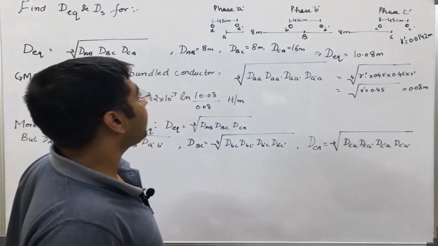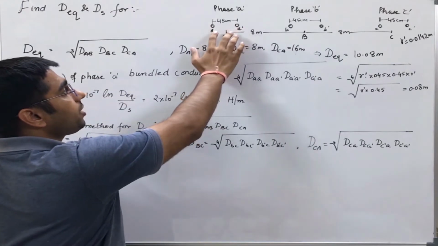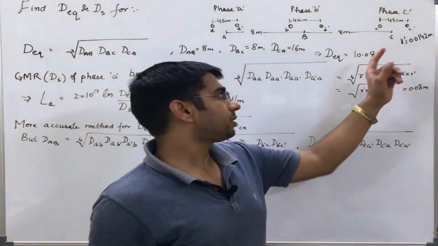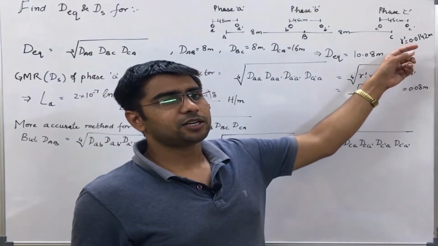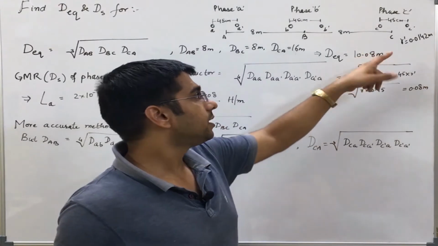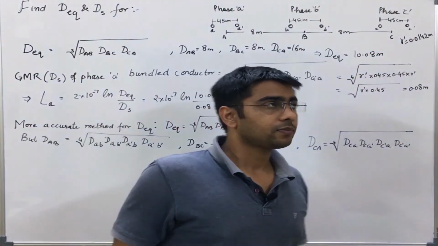We are also given that the distance between these two conductors of a phase is only 45 centimeter. And we are also given one more thing, that R dash, that is 0.7788 into R, the radius of a conductor, is only 0.0142 meter.